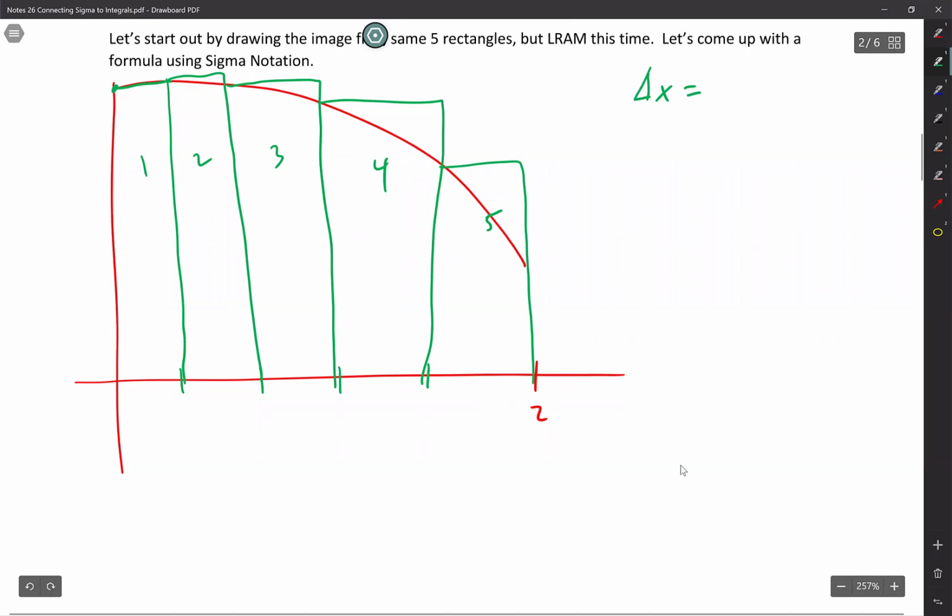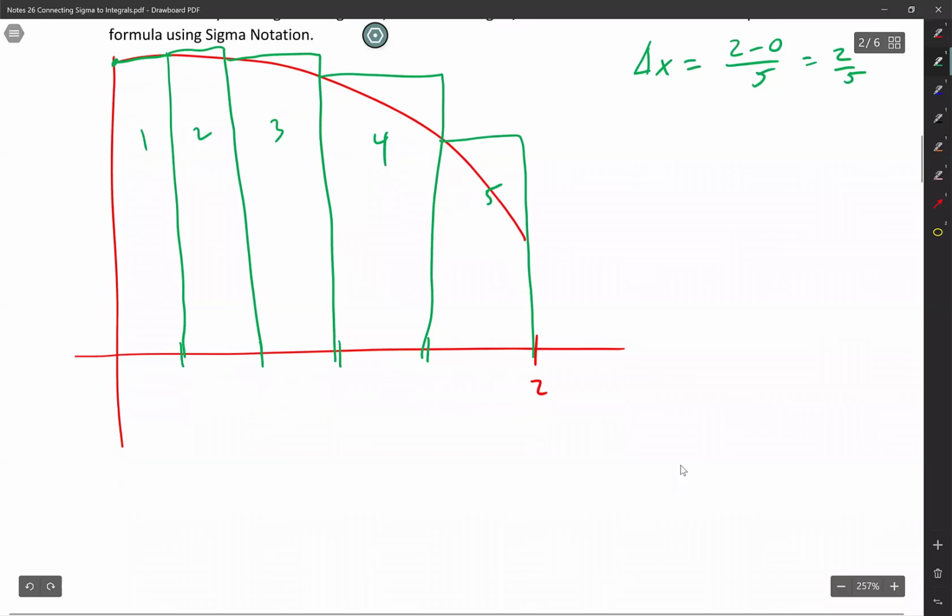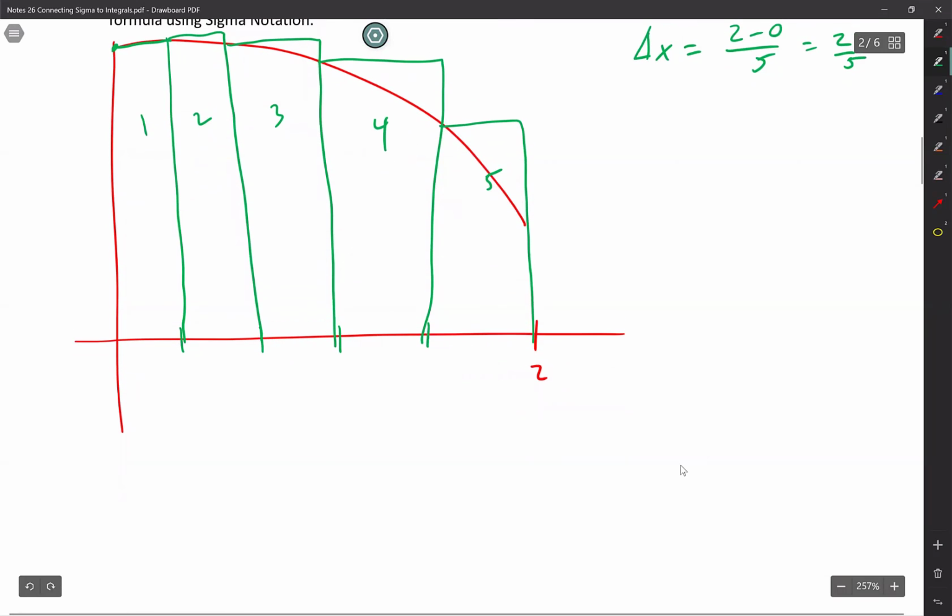Again, my change in x is 2 minus 0 divided by 5, so it's again 2/5. And this time we're going to go, let's see, f of 0, whatever that is, times 2/5, plus f of 2/5, whatever that is, times 2/5.